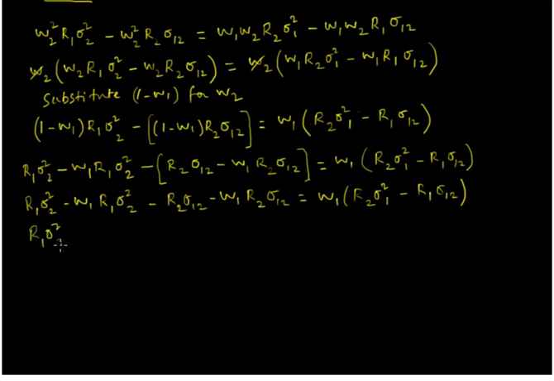R1 times variance of 2, and I'm writing the R2 item here, minus R2 times covariance between 1 and 2, and then these two terms are there, and both of them have a W1, so we can take W1 common, and inside we are going to have R1 times variance of 2 minus R2 times the covariance between 1 and 2. The right hand side remains unchanged.